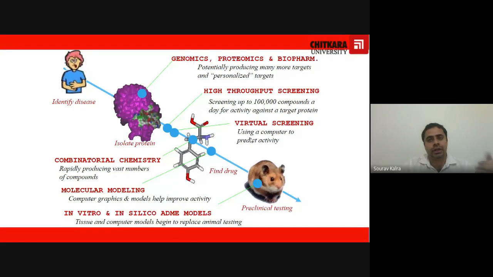So virtual screening is an important part where we can find good active compounds against the target.